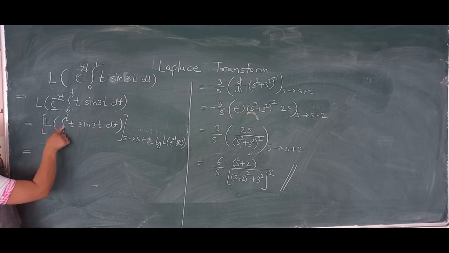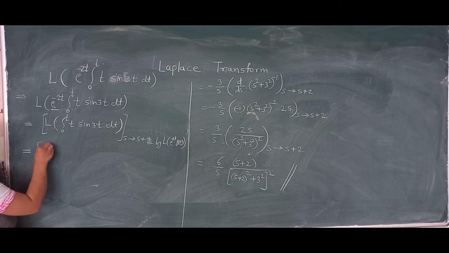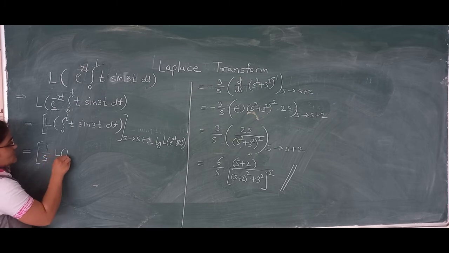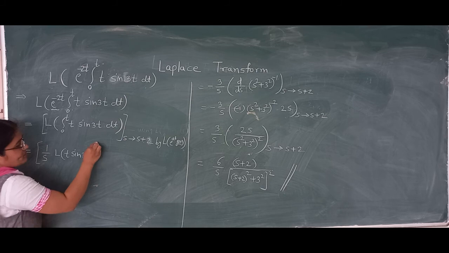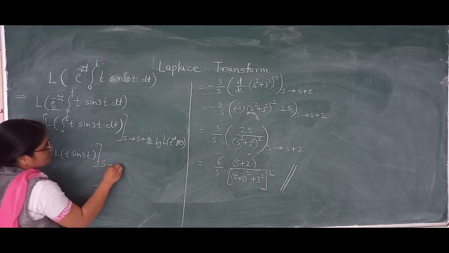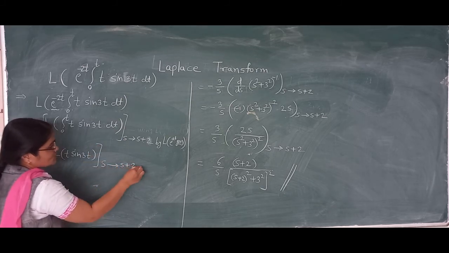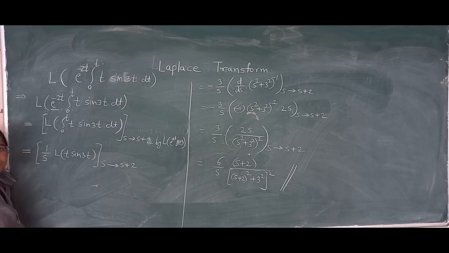Now Laplace is applied on integration. Therefore, Laplace of integration says that it is 1 by s Laplace of t sine 3t, where s is shifted by s plus 2, is equal to 1 by s.